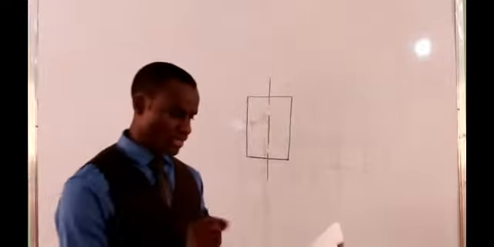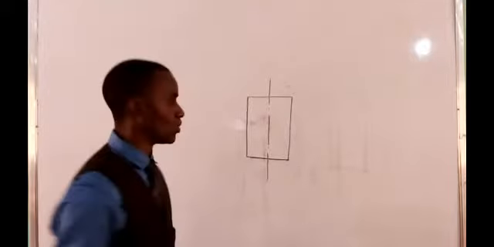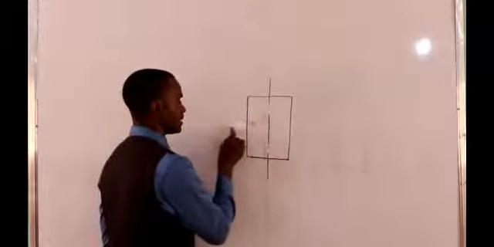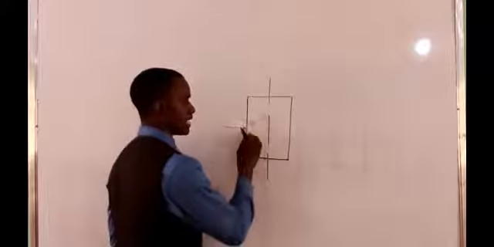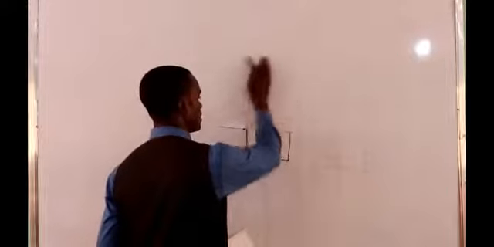They say if a cylinder is cut by a plane at right angle, this is the axis, the cutting plane comes like this, along this line, at right angle to the axis. What shape do you see? When you chop off this particular area, throw it away, and you look from the top, what pattern will you see? It's a cylinder, so what you're going to see is a circle.